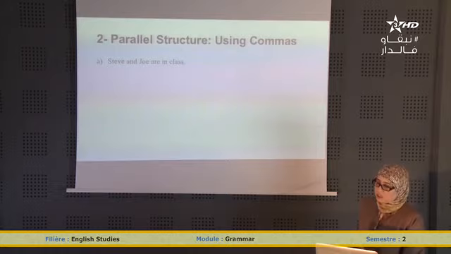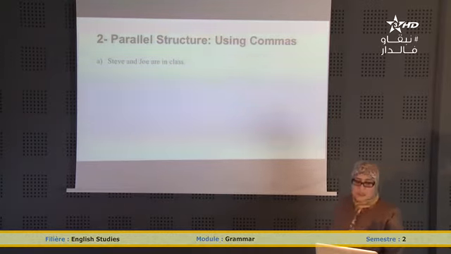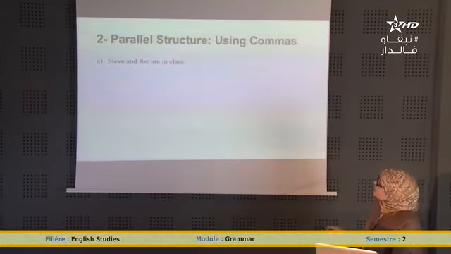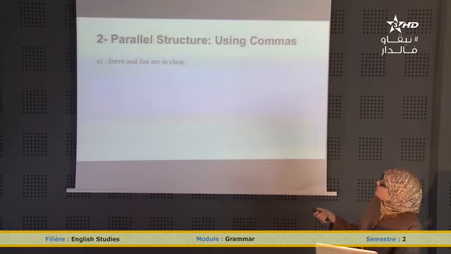Second part of parallel structure, which is punctuation and specifically using commas. Now, Steve and Joe are in class. Look at this example. We have Steve, a noun, and Joe, another noun, connected by and. But there is no comma in the sentence.